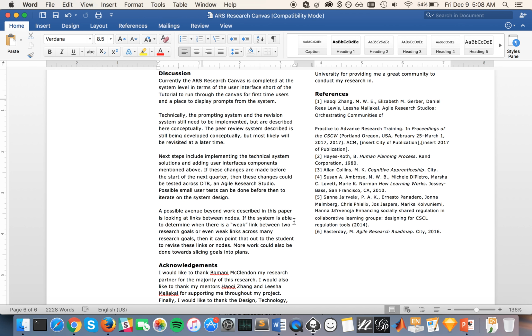The four research goals are generating questions, generating design arguments, building techniques, and gathering evidence. Then how to break those goals down into sprint plans, and how to support mentors to have a clear understanding of the student's progress, so they can provide good support. Those were the main things I focused on.